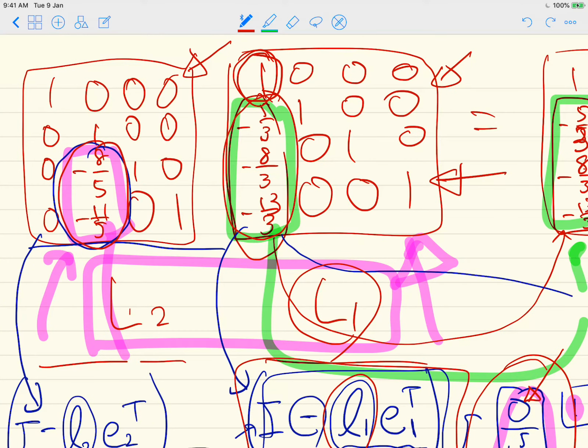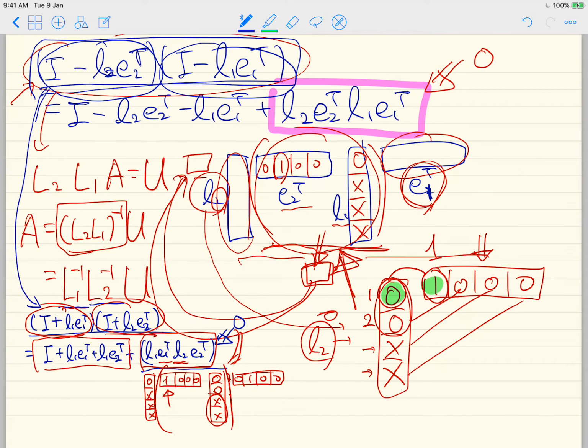This was the original L1 and L2, but when moving it to the right hand side, we change the sign over here in this form, and we just switch the order of this product between these two matrices, and then the resulting matrix of this product will be represented in this form, right?